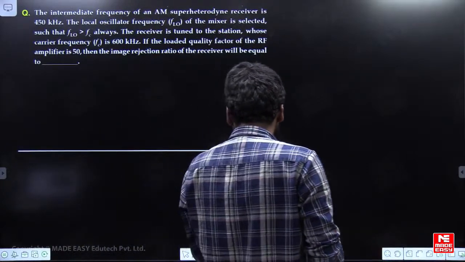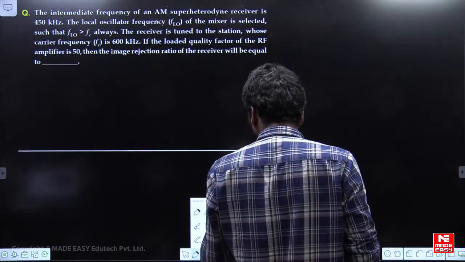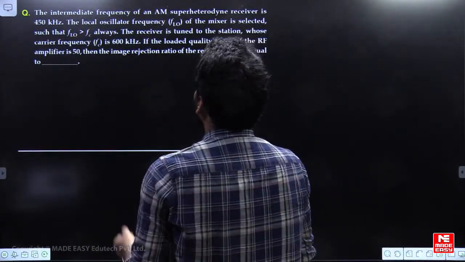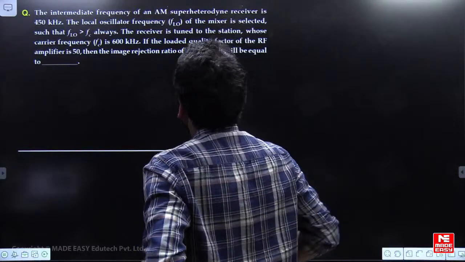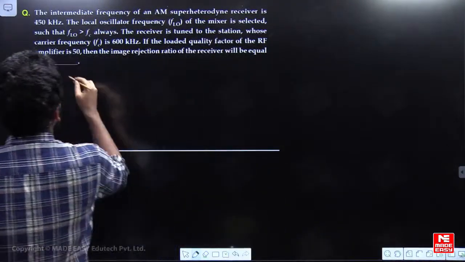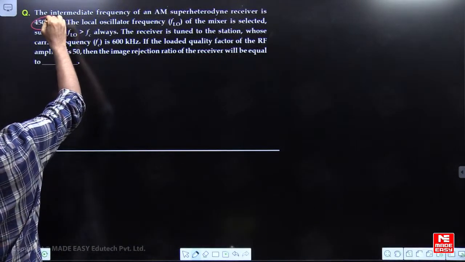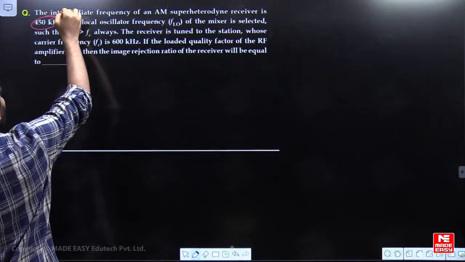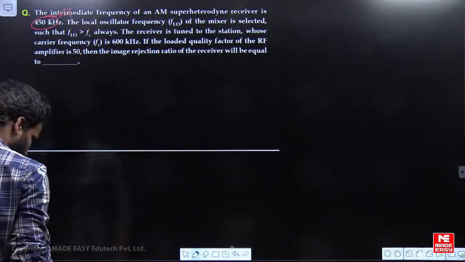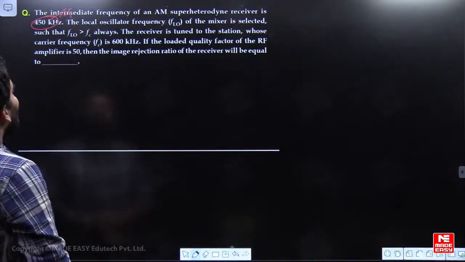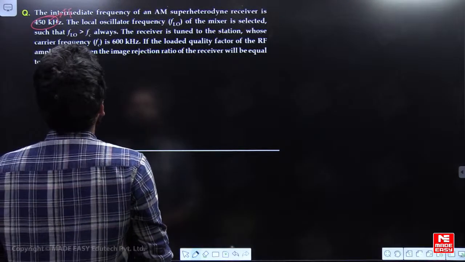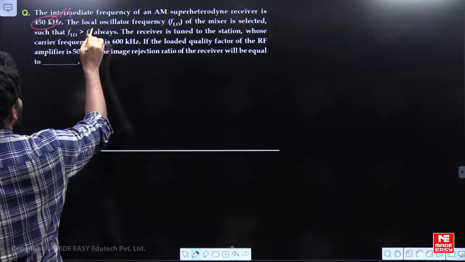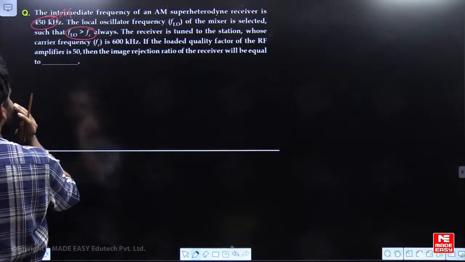So what this question says is, the intermediate frequency of an AM superheterodyne receiver is 450 kilohertz. Intermediate frequency means it is IF, I am denoting it IF. The local oscillator frequency of the mixer is selected such that FL greater than FC.